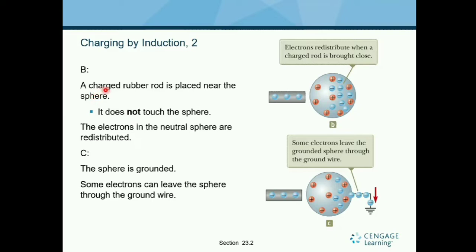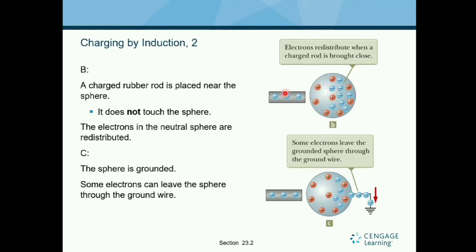Then what's the induction? Induction basically is something like this. If a charged rubber rod is placed near this sphere, it does not touch the sphere, just near the sphere. The electrons in the neutral sphere are redistributed because charges with the same sign will repel one another. So basically, a rod with negative charge will push the negative charge far away.